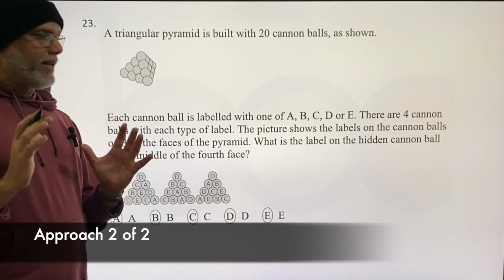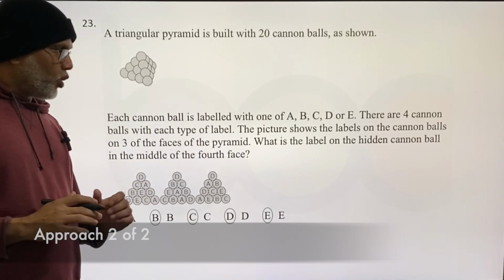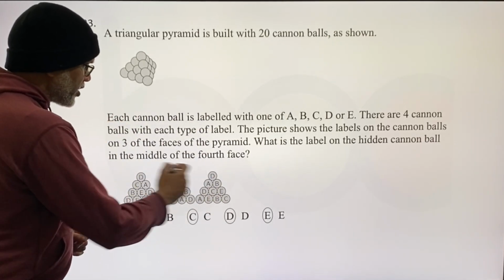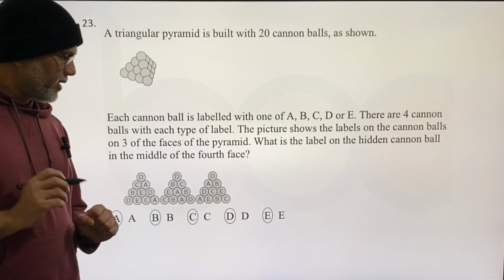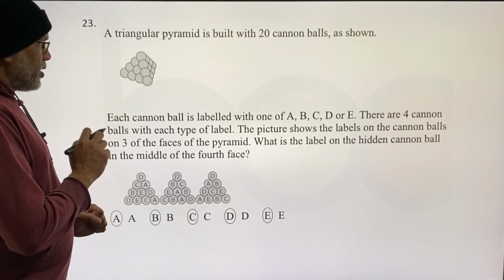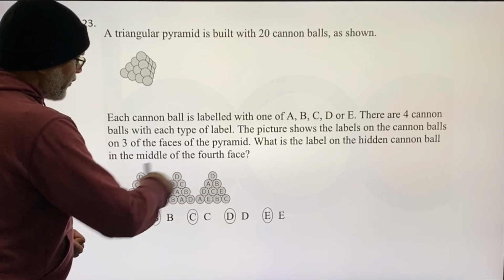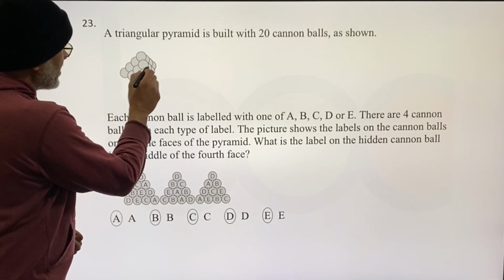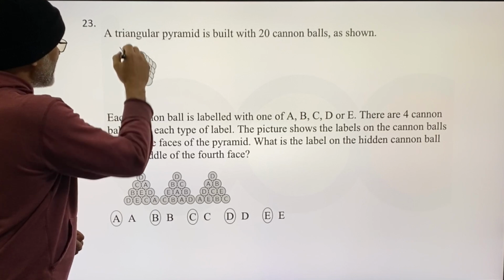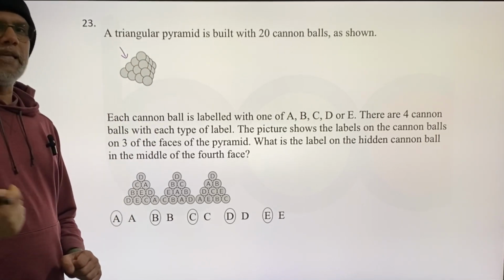Another thought came to mind about this problem. We can actually solve it using these 3 views, but we have to use some logic. So we are able to see 3 of the 4 faces, right? So let's assume that is this face, and this face, and the bottom face is the one that is hidden.